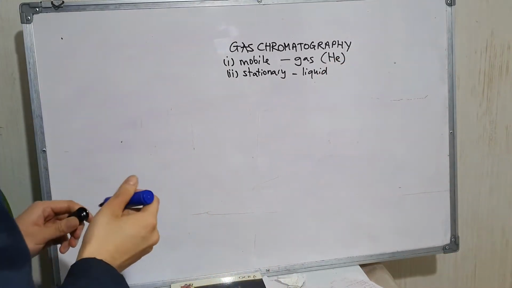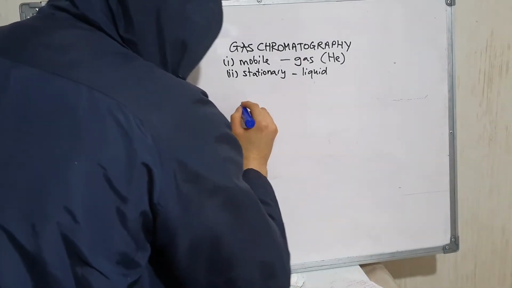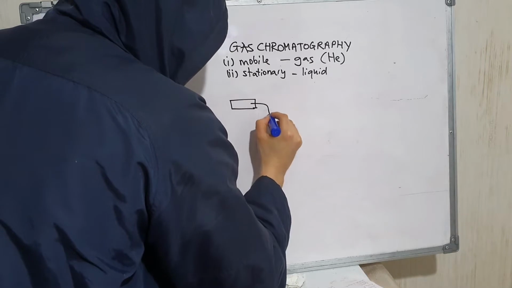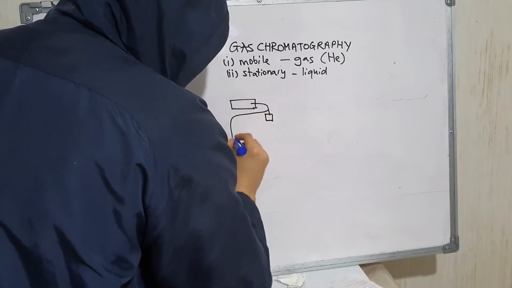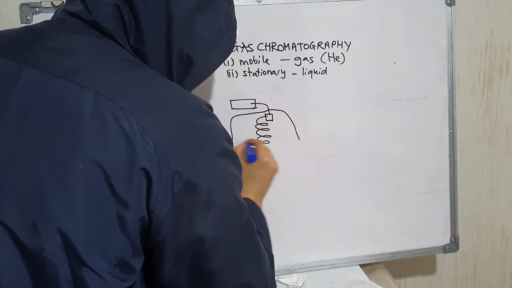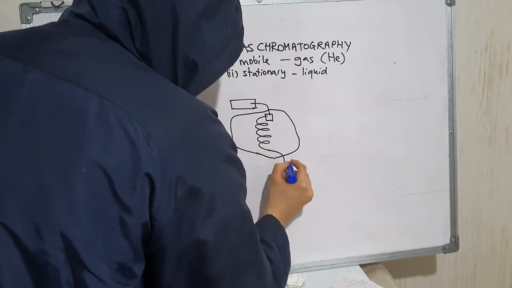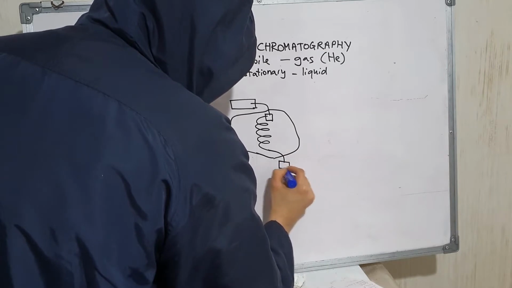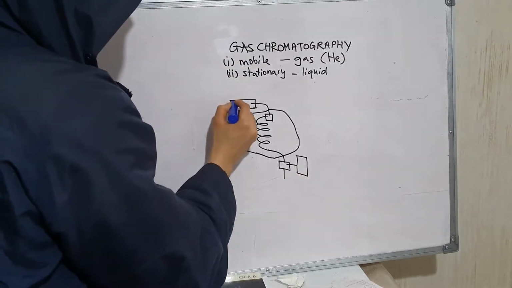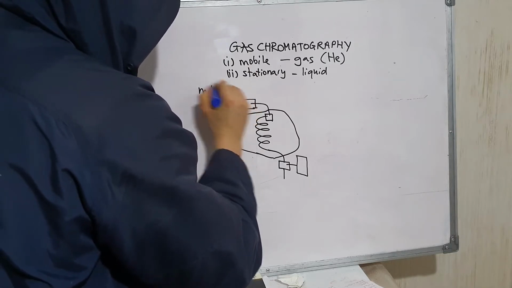Okay, now let's just draw the diagram for the gas chromatography. Okay, so this is the mobile substance.